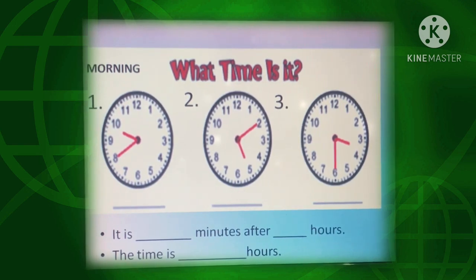Number 1, what is the time? Number 2, what is the time? And number 3, it is blank minutes after blank hours. The time is blank hours. So what's the answer for number 1, 2, and 3?